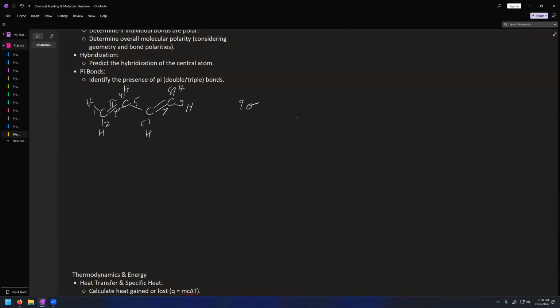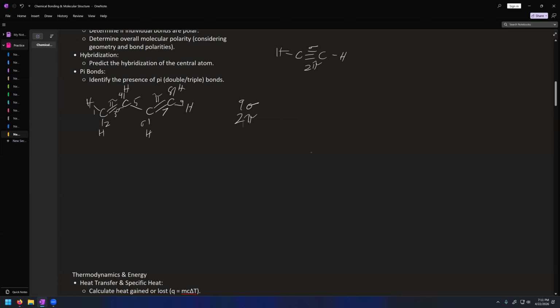You might have a triple bond, like in the case of acetylene here. The first bond is a sigma bond, and then there would be two additional bonds. There's two pi bonds in there. Back to our butadiene molecule, though, there's a pi bond right there as well. And so we would simply say that there are two pi bonds on this molecule.